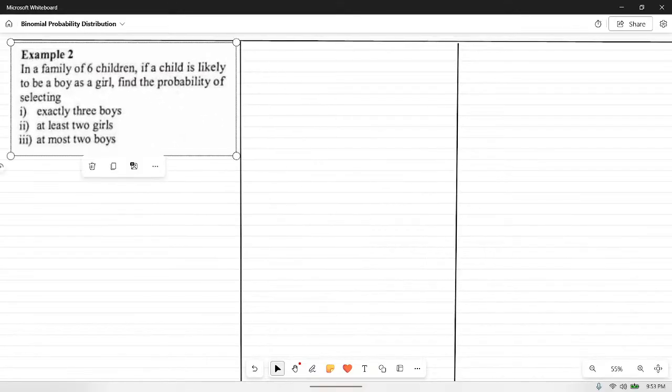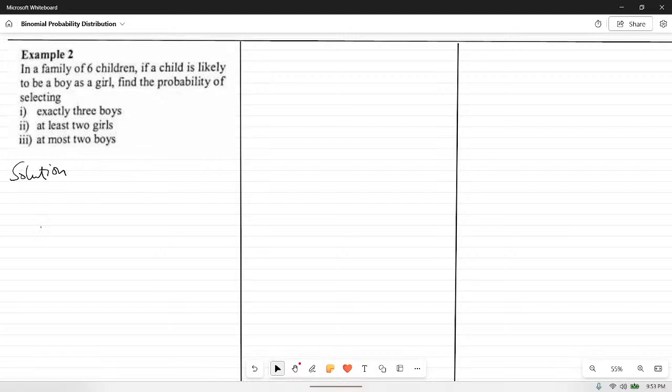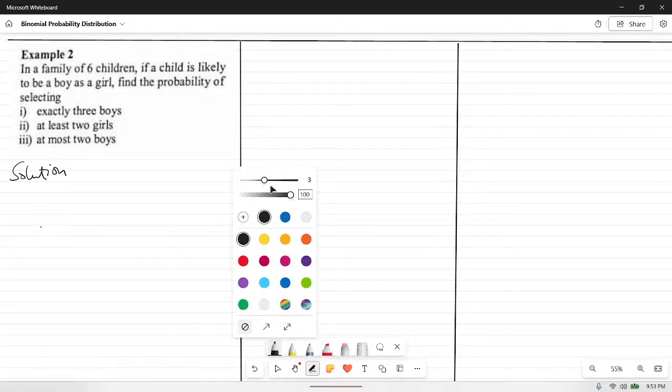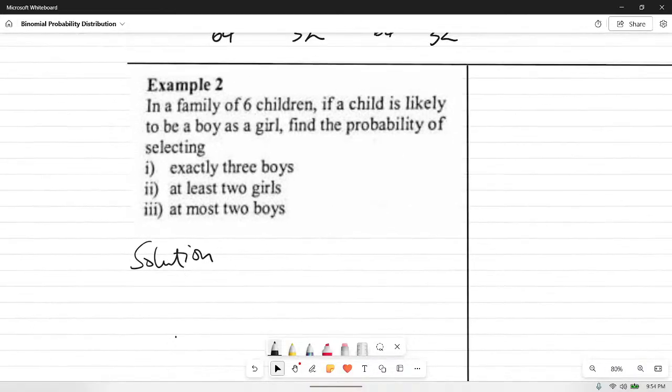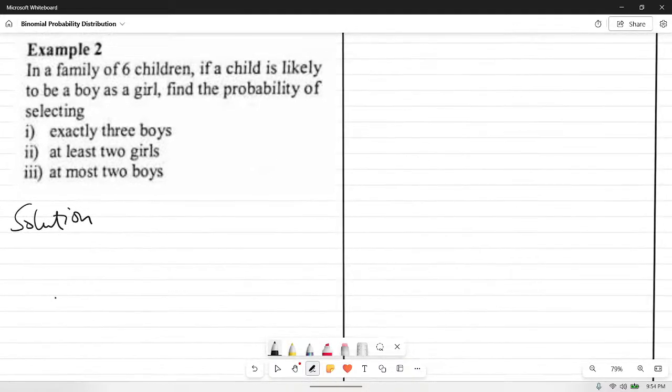So it says, in a family of 6 children, if a child is likely to be a boy as a girl, find the probability of selecting exactly 3 boys, at least 2 girls, and at most 2 boys.